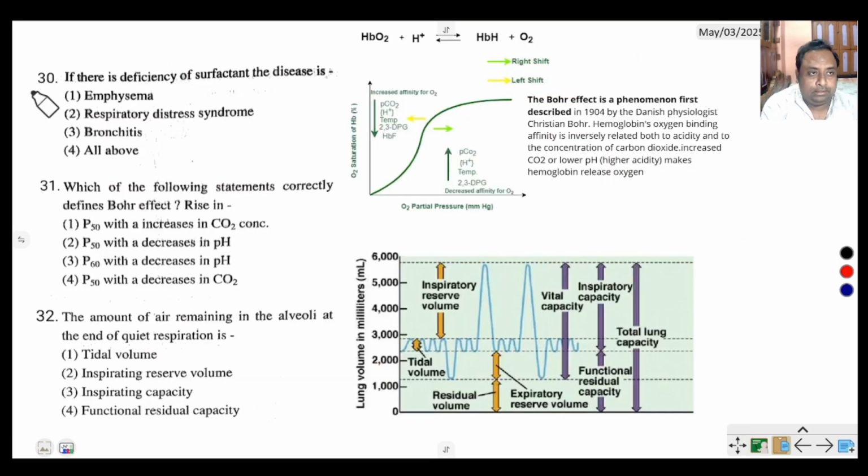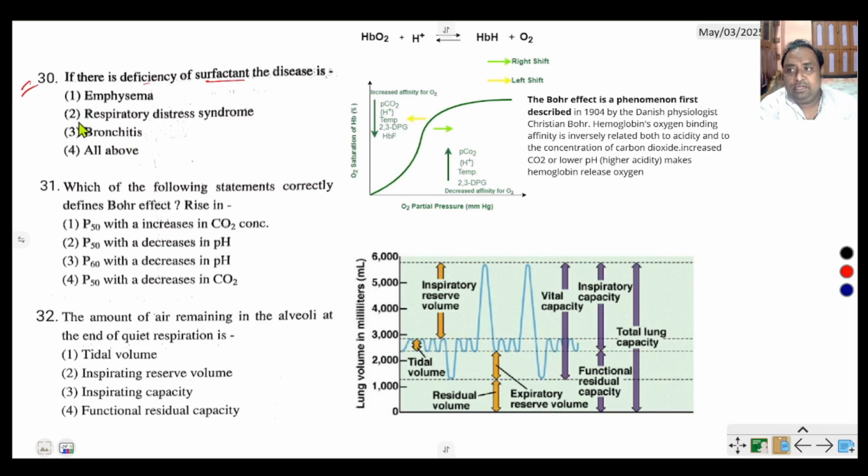Question number 30. If there is deficiency of surfactant, what is surfactant? Surfactant is a chemical substance that prevents the lung alveoli from collapse or breakdown. The disease is respiratory distress syndrome.